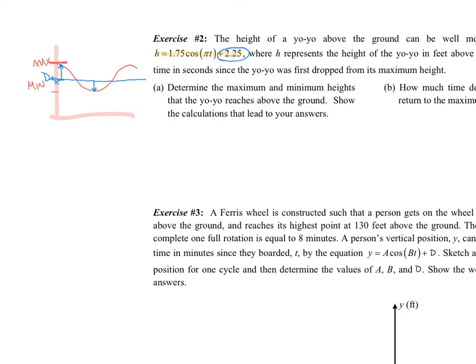and our D value is 2.25. So if I take that D value and I add to it or subtract from it the amplitude, then I should get my max and I should get my min.